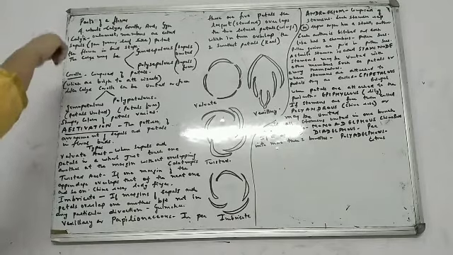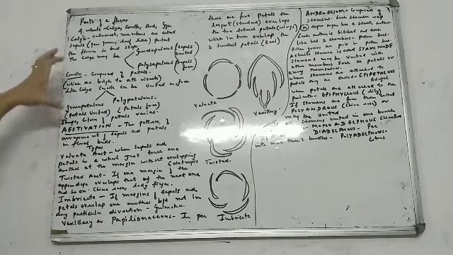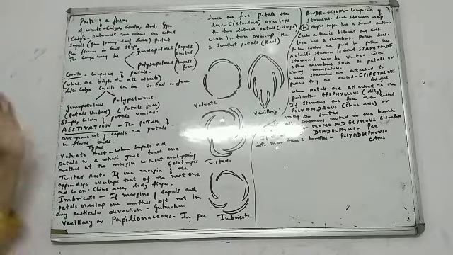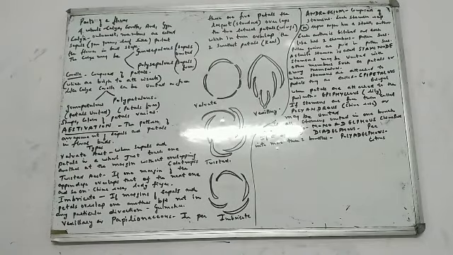Now, like calyx and corolla, let me move on to the arrangement. Let's go back to calyx, beta. Sometimes the sepals in calyx are united and sometimes they are free. On the basis of whether the sepals are united or free, we have two kinds of calyx: gamosepalous or polysepalous.